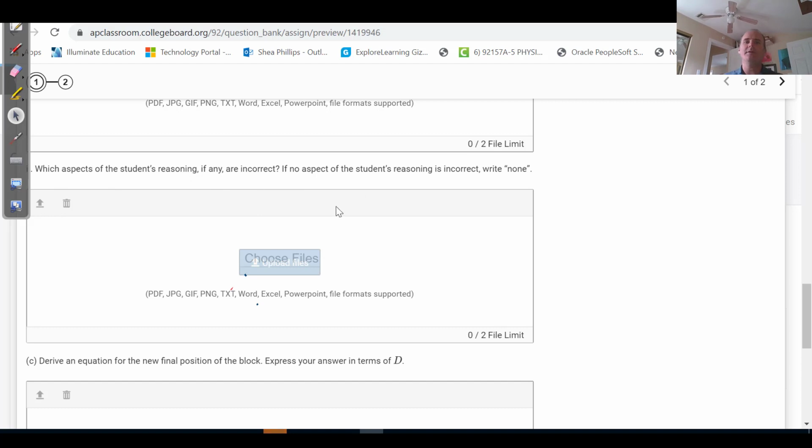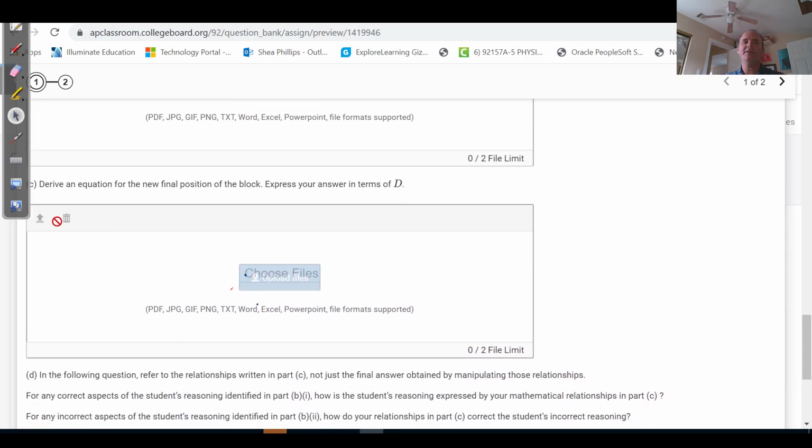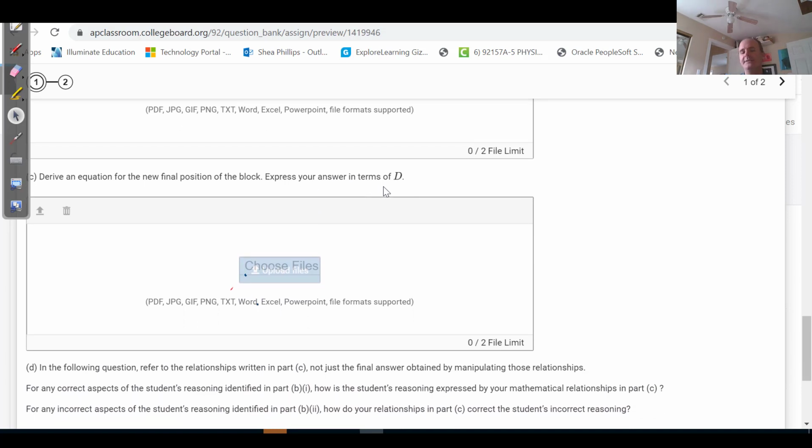Well, none of it. He said everything right, so nothing is wrong there. Here's part C, where we're actually deriving the equation, and we already started doing that. We want to express our answer in D. So we're trying to derive that it stops at 8D.